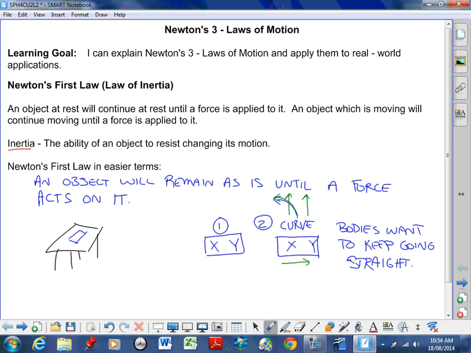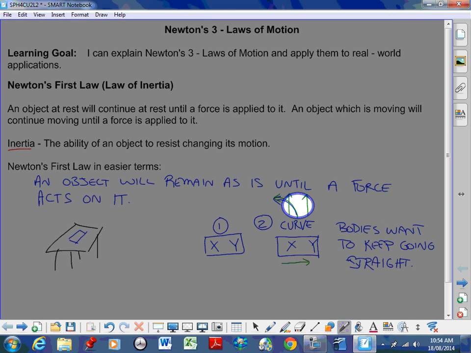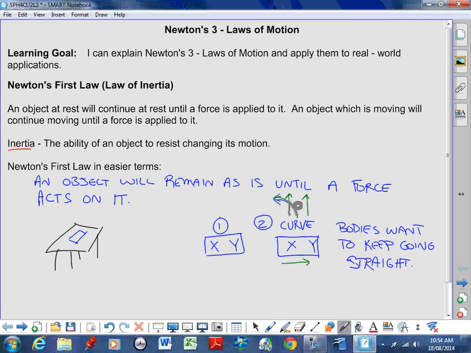As soon as your car goes around the curve, anything inside is going to roll to the outside of your car. So anything in the back or on your dash or anything on the floor is going to roll to that side of the car, because it wants to continue going straight on its path. So that's how inertia works.